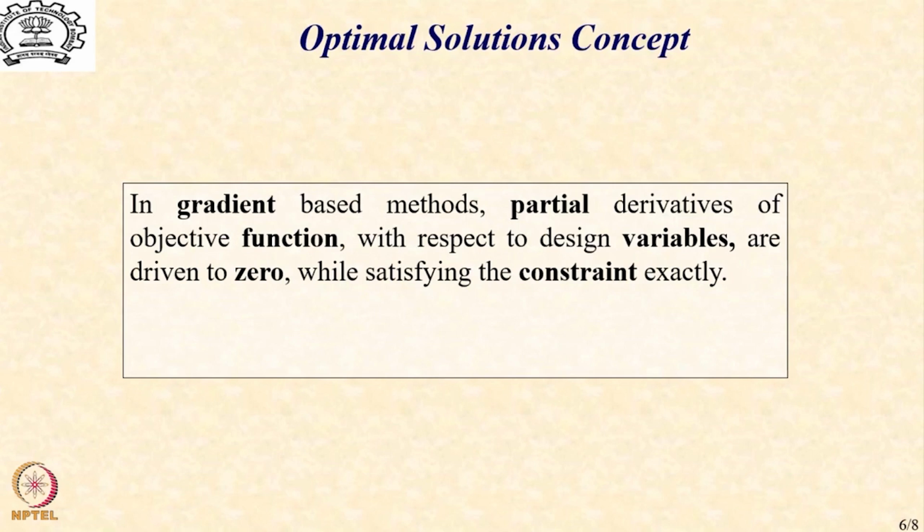So we now get as many algebraic equations as there are design variables, and when we solve those algebraic equations in terms of the design variables, we get a solution for the design variables which optimizes, that is either maximizes or minimizes, the objective function. And all this must be done while satisfying the constraint exactly.